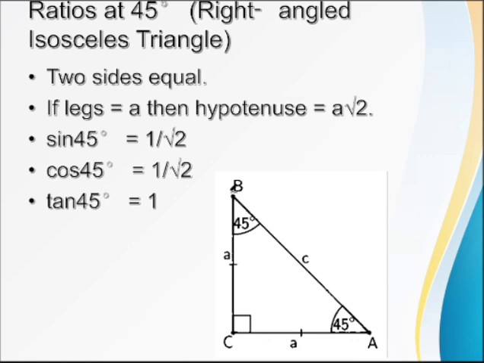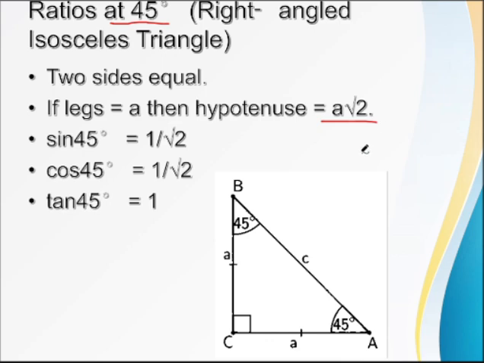And next we have ratios at certain angles. First angle we are given is 45 degrees. For deriving ratios at 45 degrees, we have to take a right angled isosceles triangle. So in this, each side will be A, so the longest side, the hypotenuse, will be A root 2.